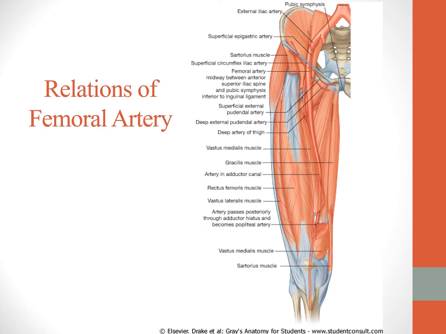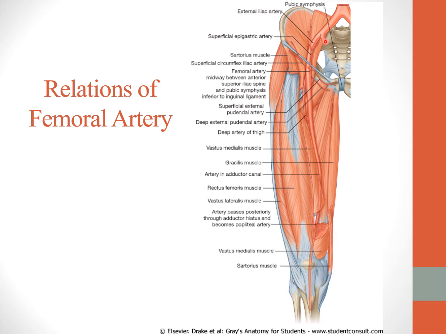So here you can see that the abdominal aorta divides into two common iliac arteries, right common iliac and left common iliac. The right common iliac further divides into external iliac and internal iliac.